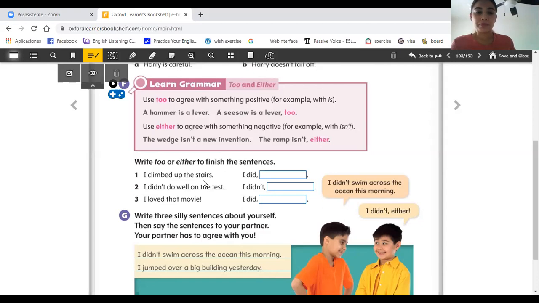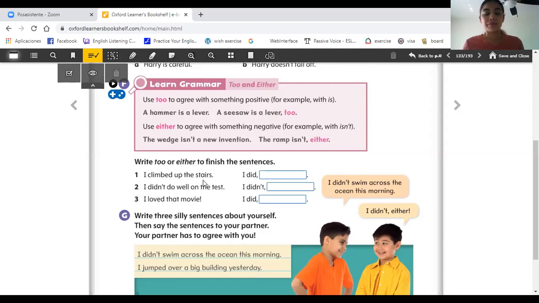Now, number two, listen, I didn't do well on the test. I didn't, is it a positive or a negative sentence? Let's think. Yeah, it is a negative one. So what word should you use to complete this agreement? Excellent. I didn't either. Great, good job.